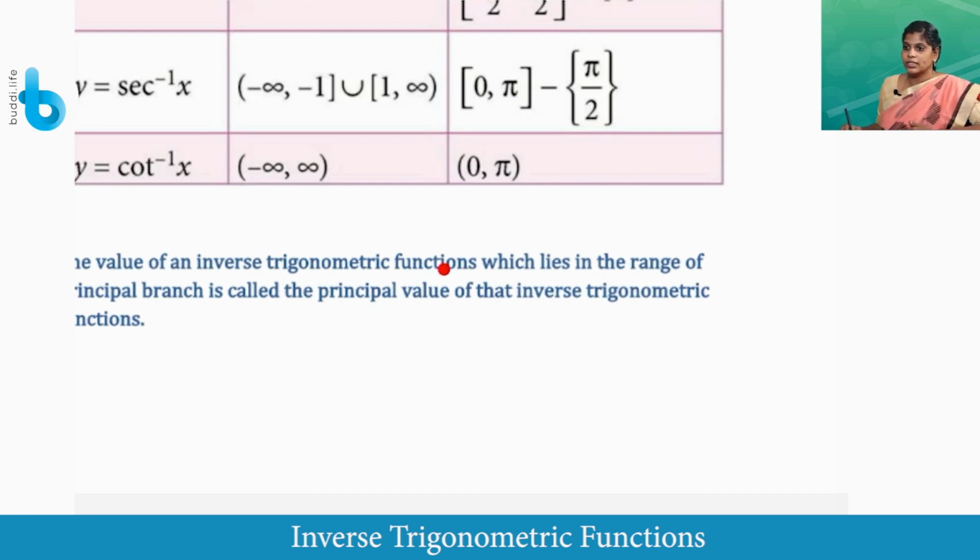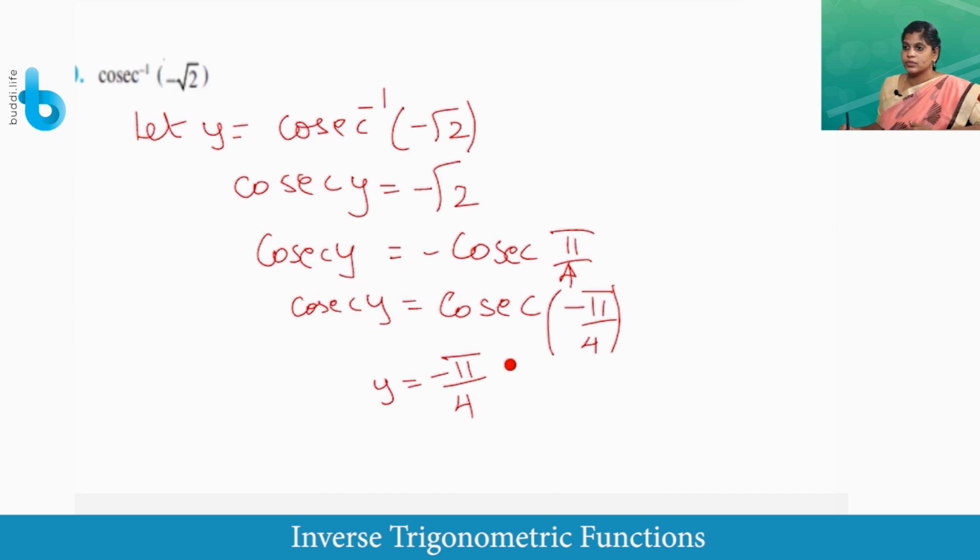So you should mention this fully: y belongs to minus pi by 2 to pi by 2, excluding 0. If you get y equal to 0, this will not belong. Hence y is equal to minus pi by 4 is the principal value.